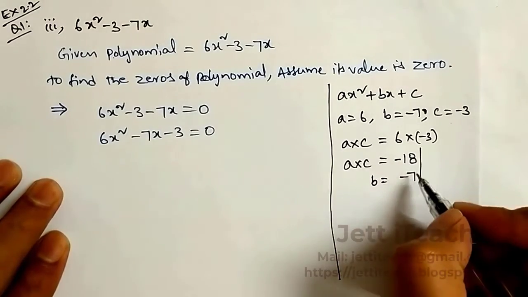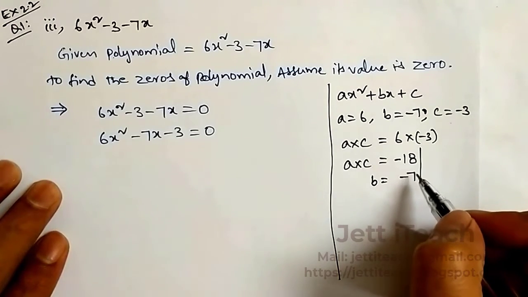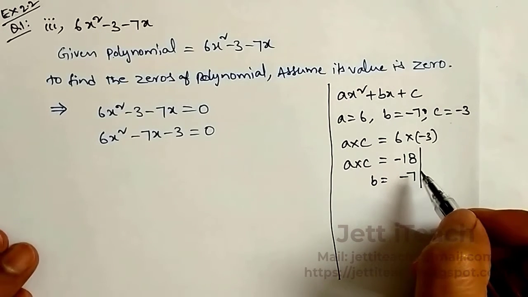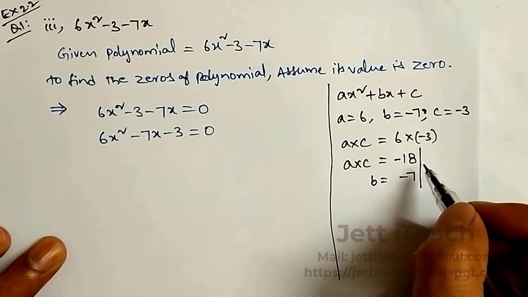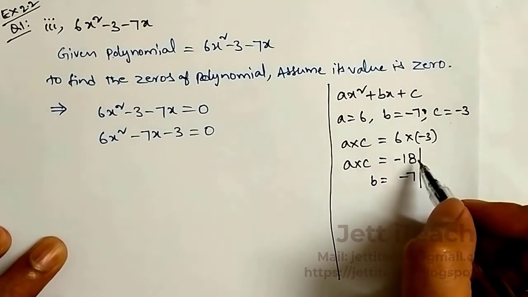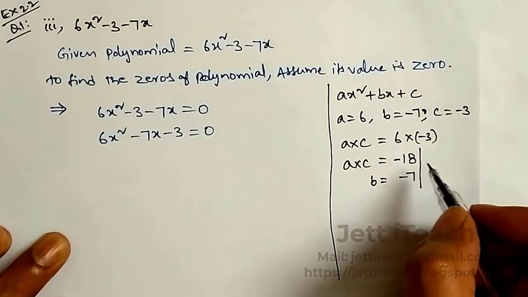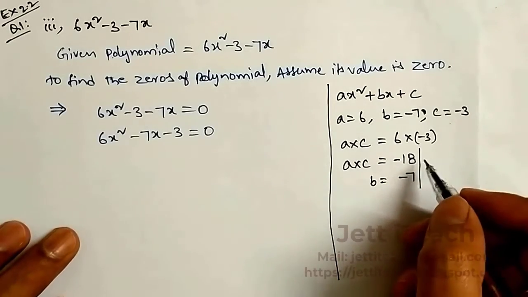How can we split it? We need to identify the factors of 18. You can write it as 2 into 9. 9 minus 2 is 7, right? So 2 into 9 is 18.